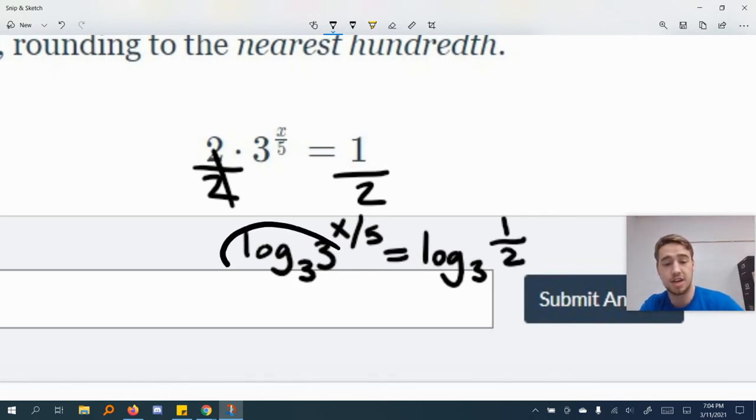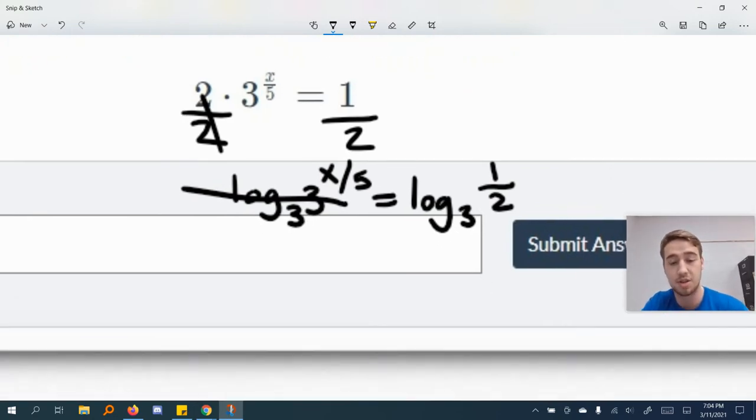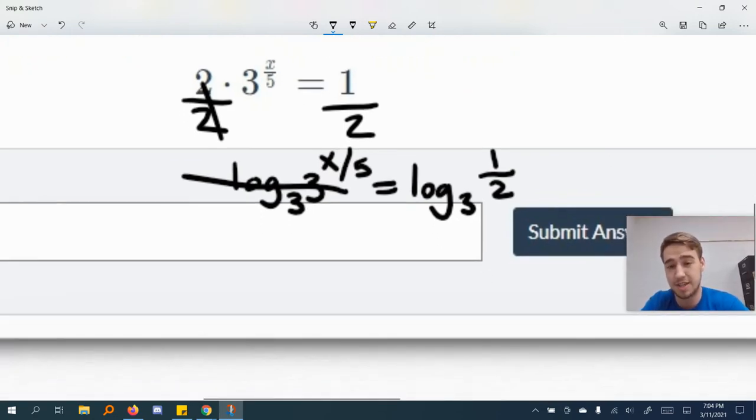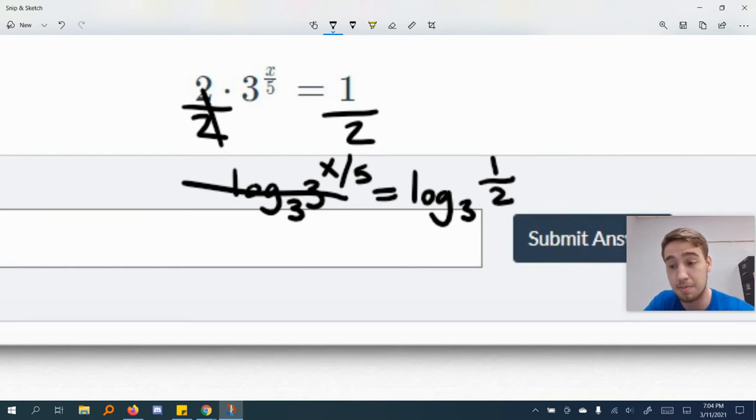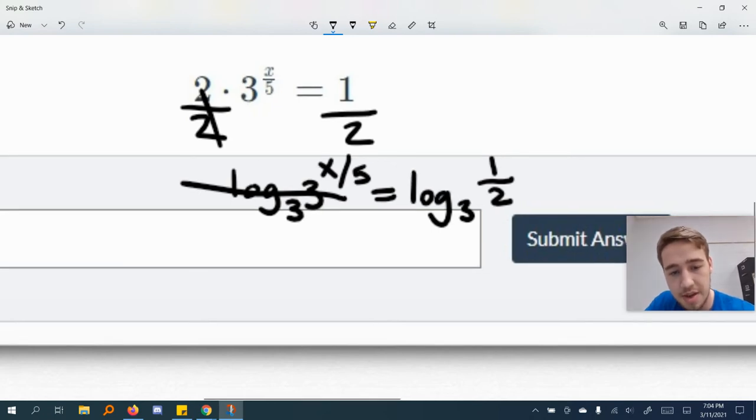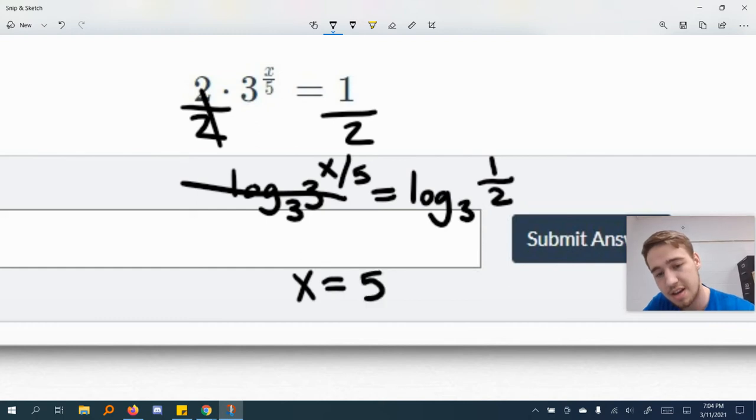So the 3 and the log base 3 part cancel on the left, and we're left with x over 5 is log base 3 of 1/2. So let's multiply both sides by 5 to get rid of that over 5 on the left. So x equals 5 log base 3 of 1/2.